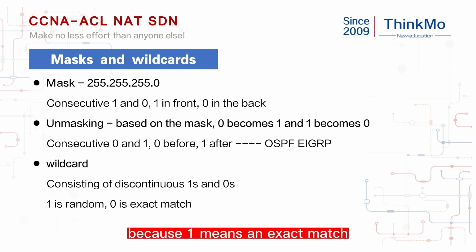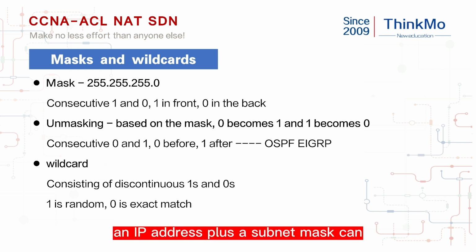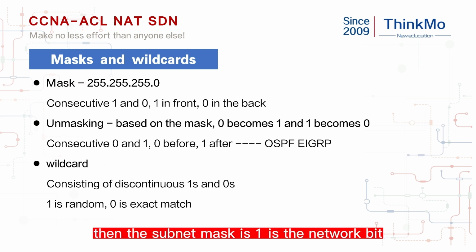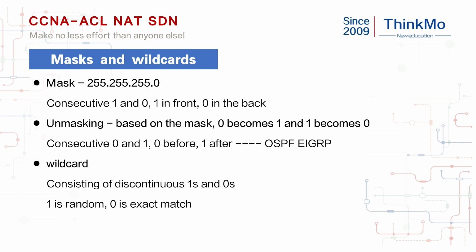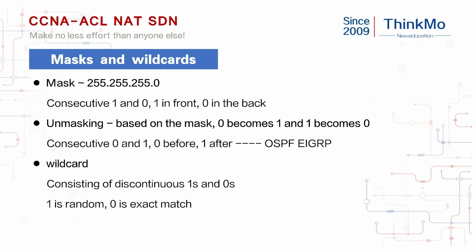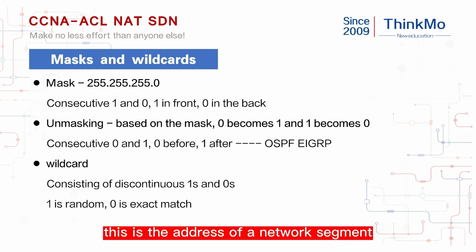Because 1 means an exact match. An IP address plus a subnet mask can specify a network segment. A subnet mask bit of 1 is the network bit. A subnet mask bit of 0 is the host bit. The host bits are variable. When all the host bits are filled with 0, this is the address of a network segment.